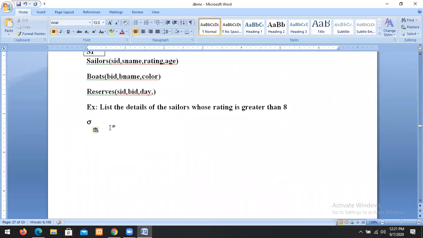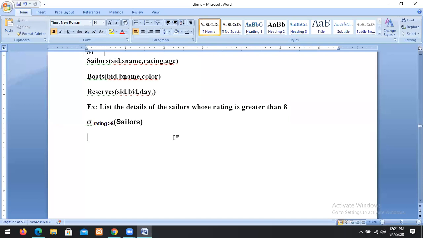What is the condition? Rating is greater than 8. From which table? Sailors. So you have to write rating as a subscript. So this is the final answer. They will ask like this.